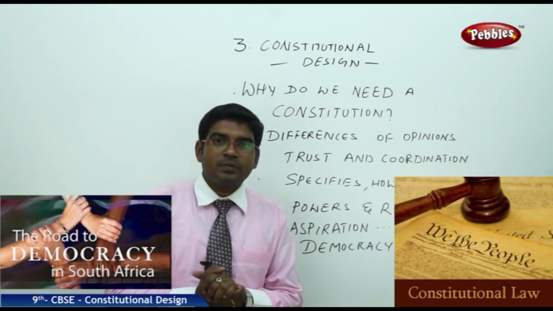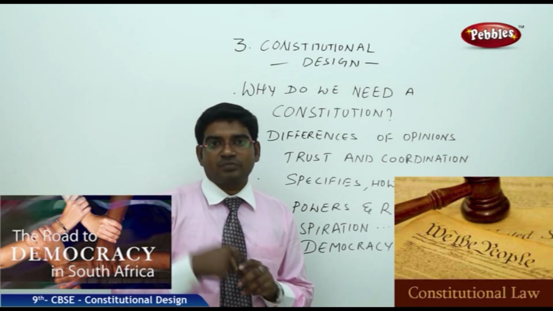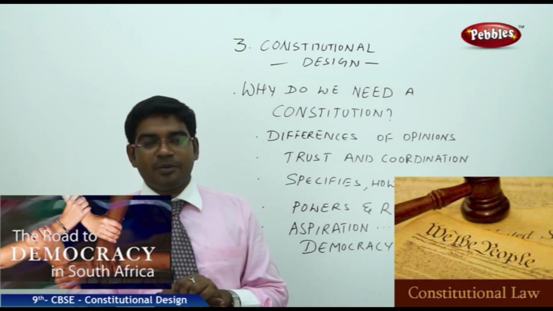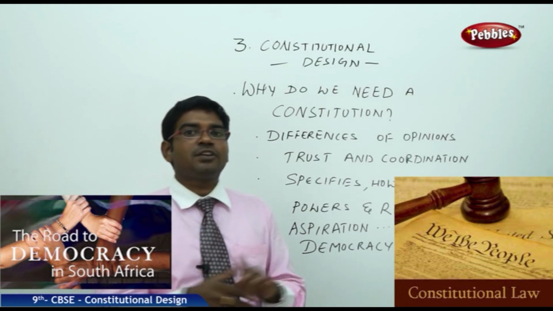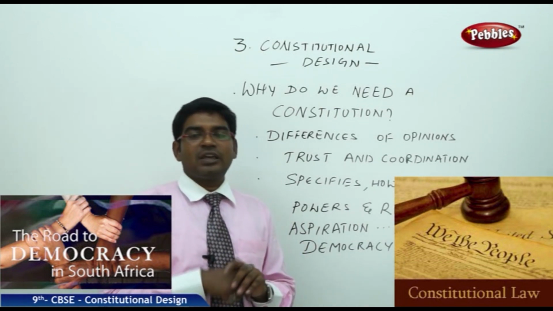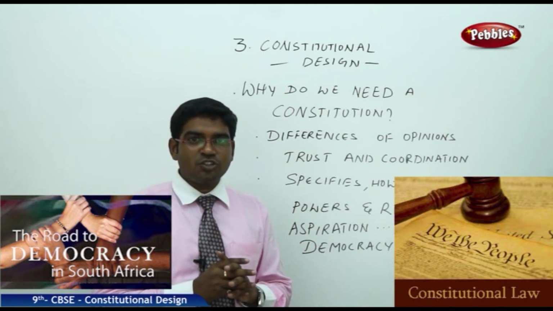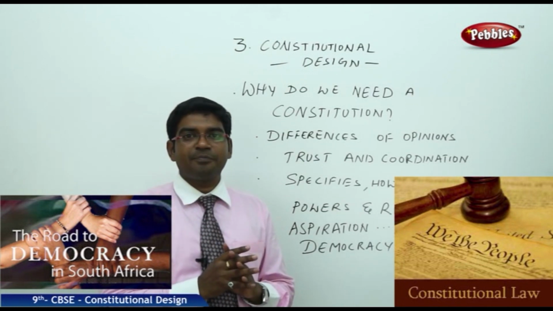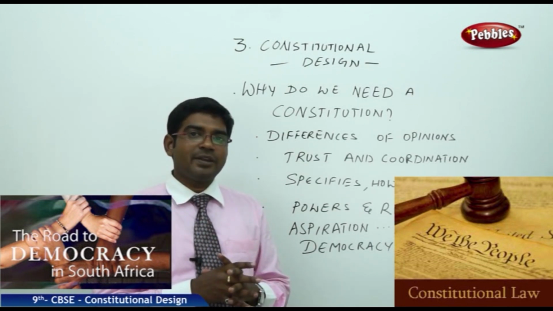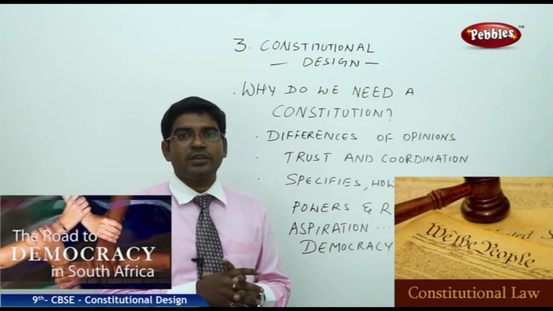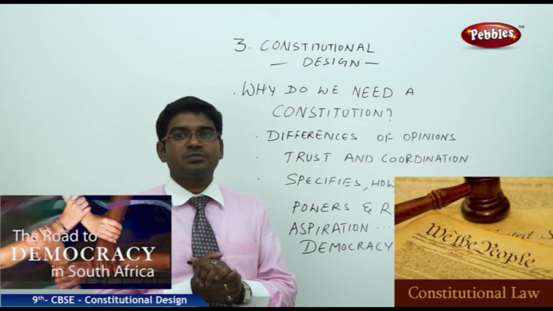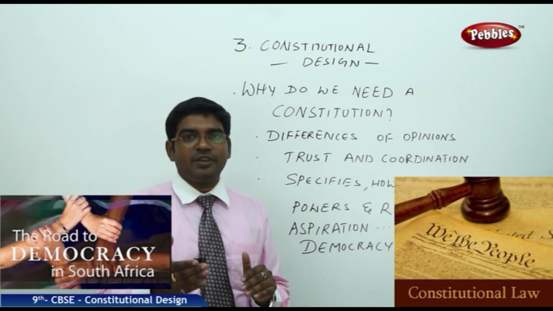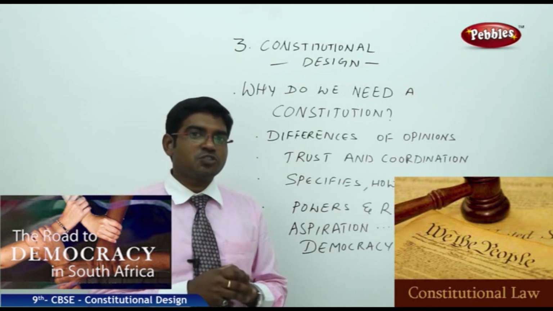And now, after America had a war with the British, they passed a constitution for themselves. Later, after the French Revolution happened, the French Parliament approved a constituent democratic constitution. So wherever there is democracy, there we have a constitution.